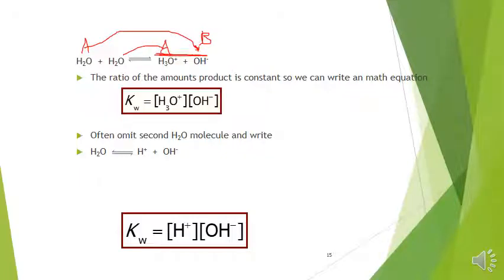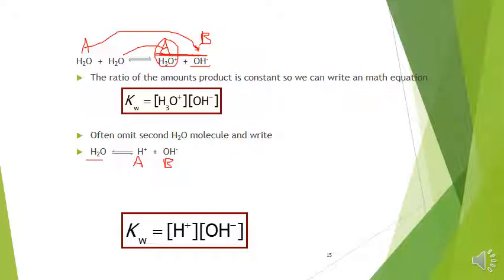So we'll call this the acid, and this the base. Then what we want to do is look at the ratio between the amount of acid and base. We can rewrite this if we only consider one water splitting apart. It splits into an acid part and a base part.